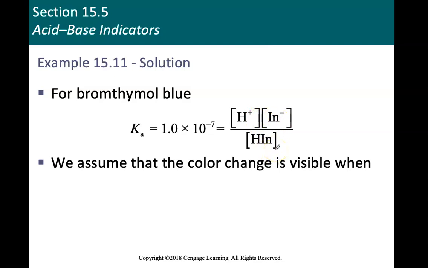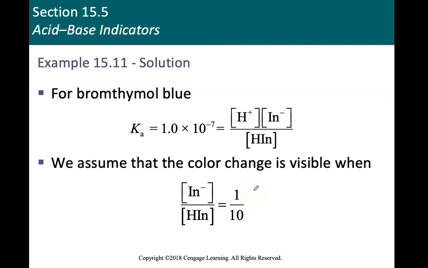We're going to make an assumption here that the color change is visible when you have the ratio 1/10. A 1/10 ratio makes it a very simple ratio determination, and it also gives you a limit within which this ratio system is going to be acting.